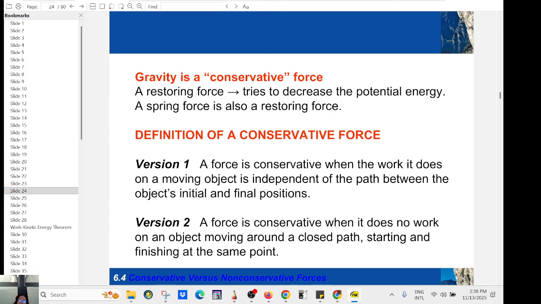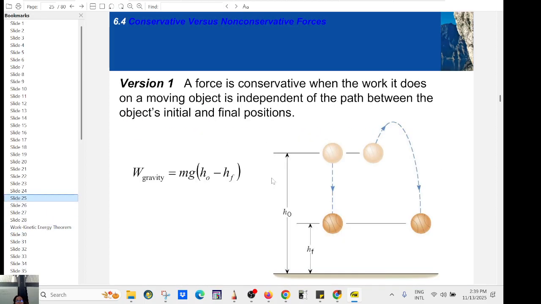Okay, so it's just a definition that gravity is said to be a conservative force, right? Why? Because if you go from here to there, or if you take a walk to the far side and you come back to the same final position, the change in potential energy will be the same.